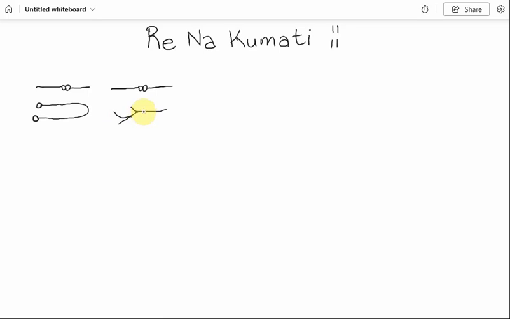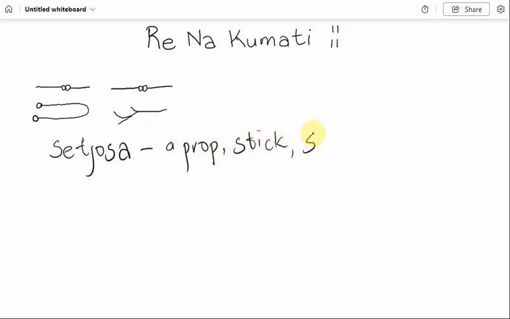All right. And this is still Setjosa, right? Meaning a prop, stick, or staff.